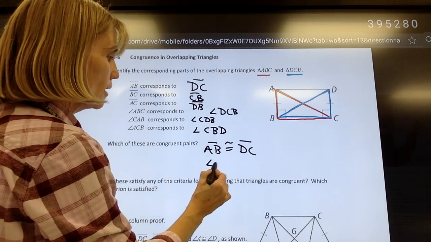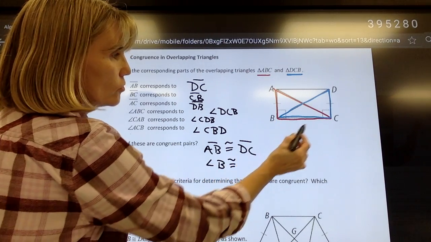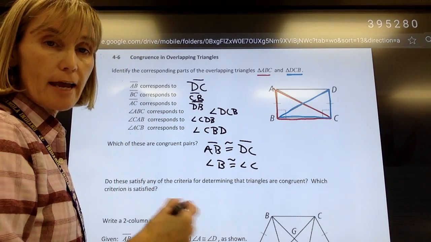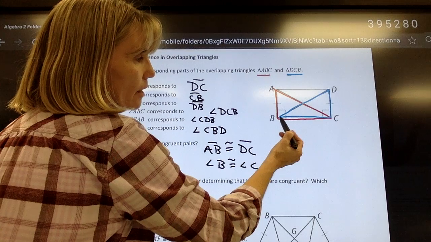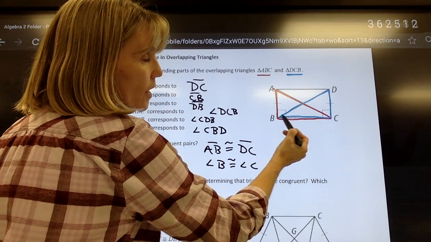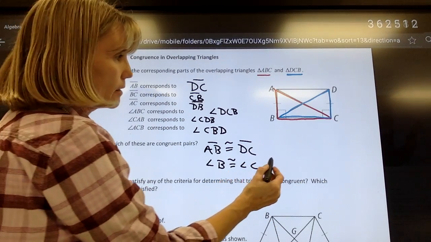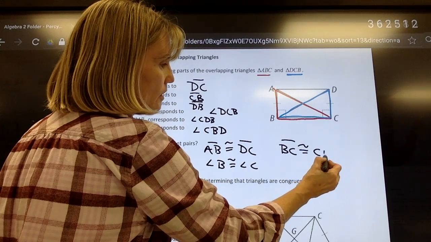And we know that angle B down here is congruent to angle C over here, because they're both right angles, so they have to be congruent to each other. And then they're sharing a side down here at the bottom. The red line is part of the bottom of the rectangle, and the blue line is also part of the bottom of the rectangle. They're sharing that side, so we would say that BC is congruent to CB.